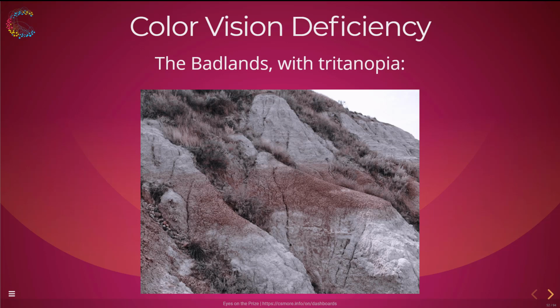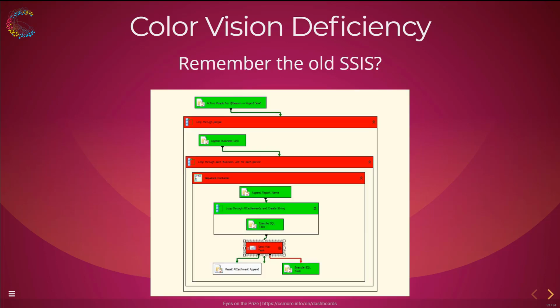This is important in our visuals because if you use 2 colors that overlap, it can be impossible for someone to read. So you may remember Integration Services. This is SQL Server Integration Services 2008. If you have full color vision, this is what it looks like, and it's really easy to tell which tasks failed, which tasks succeeded.